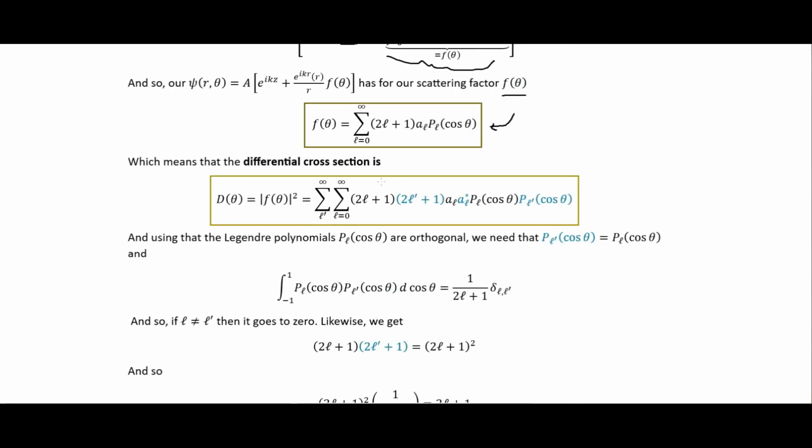Which means that the differential cross section, which remember was the square of that scattering factor, will be this right here. But we can do some simplifications because our associated Legendre polynomials are orthogonal between 1 and -1. So these blue ones here with the l prime have to be equal to these P sub l right here.